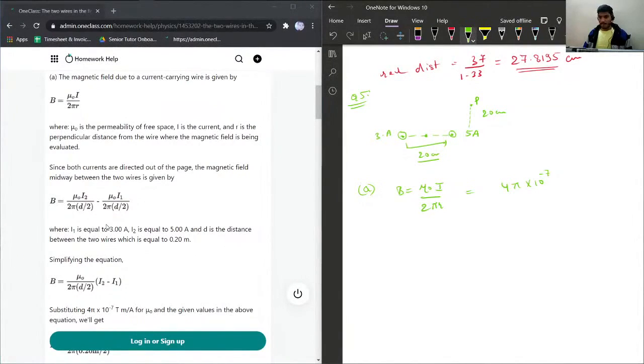But if we have two conductors, we calculate this by mu naught I2 over 2 pi.